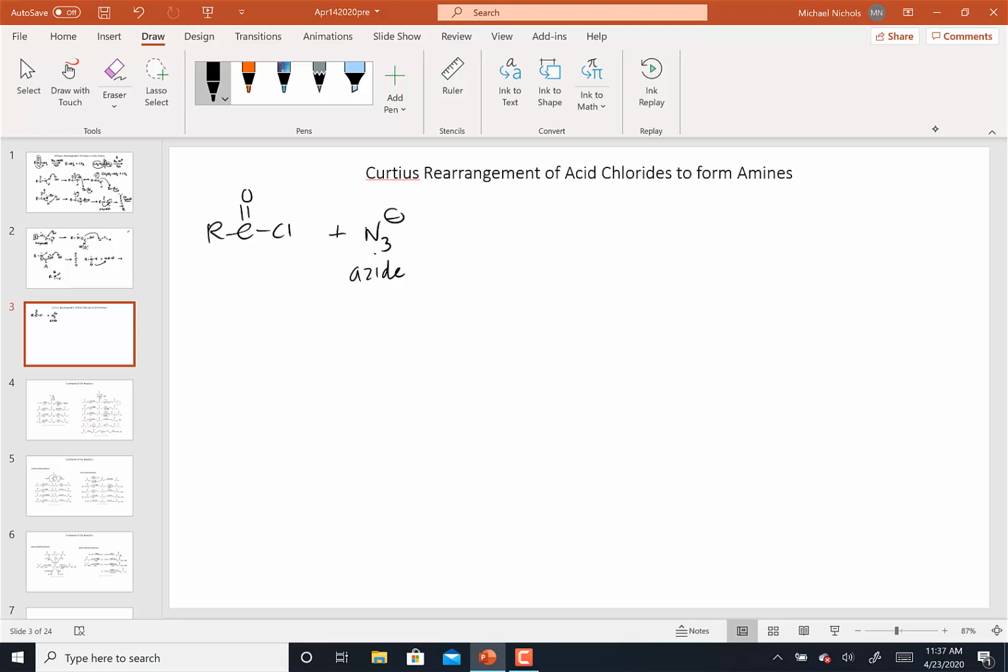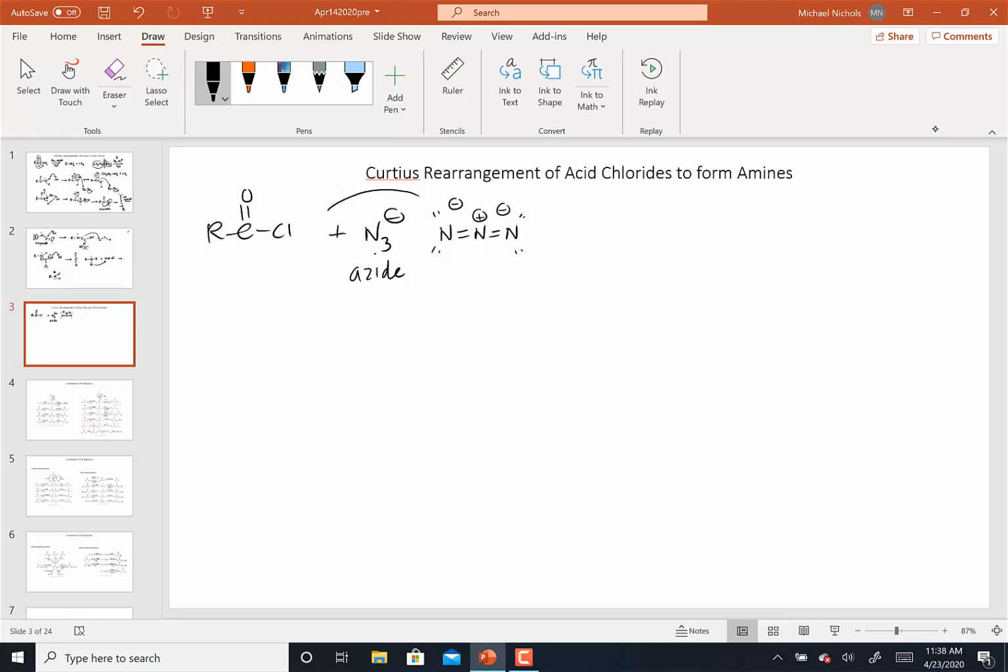So in this case, N3- is N double bond N double bond N with pairs of electrons there, a -1 charge on each of the end nitrogens, and a positive nitrogen on the center. Reacting this with an acid chloride is like reacting any negatively charged nucleophile.